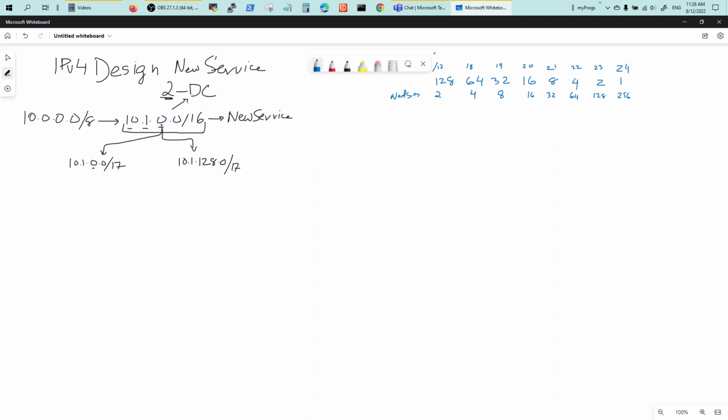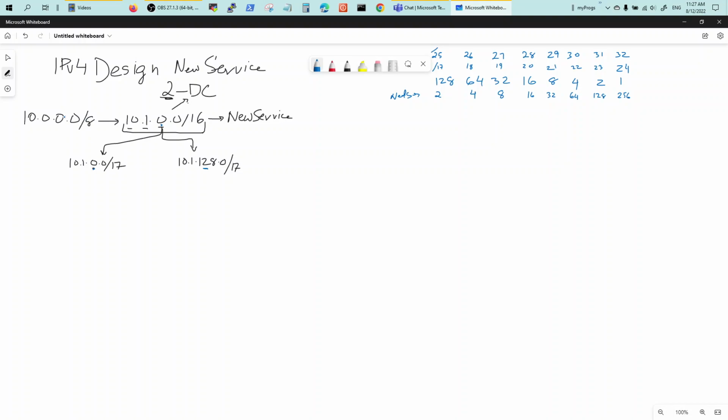And if you keep going for the last octet, 25, 26, 27, 28, 29, 30, 31, and 32. That's your 32-bit numbers, okay? So we're taking and splitting a /16 into 2 subnets. The first one is a 0, and the second one is 128. 2 subnets, 0 and the 128.